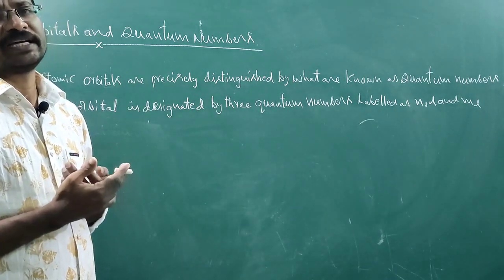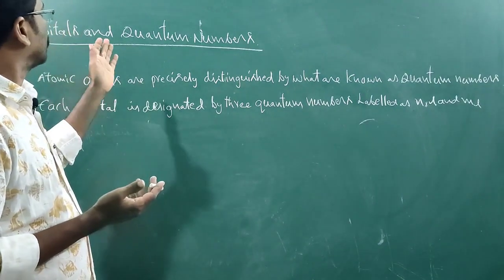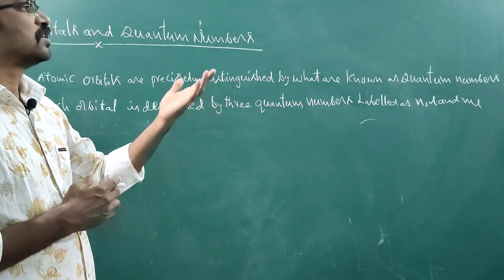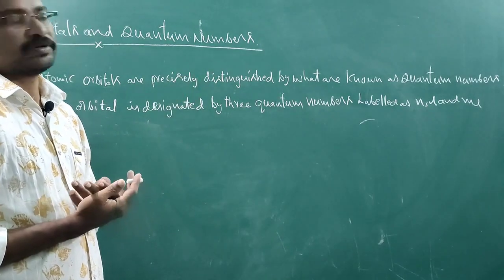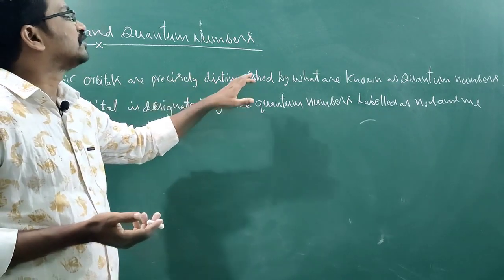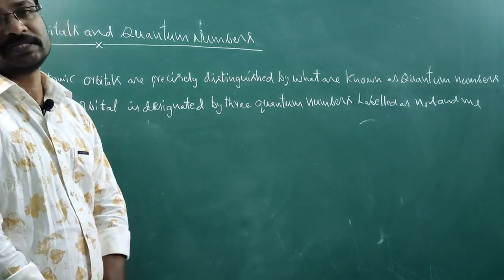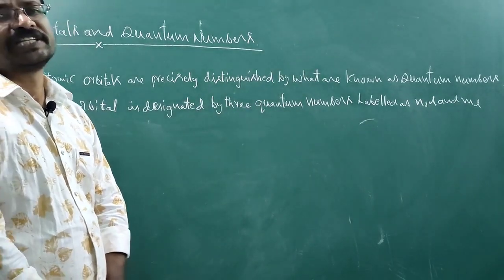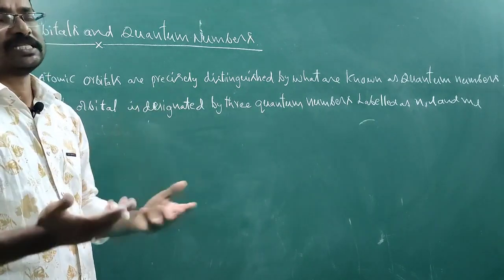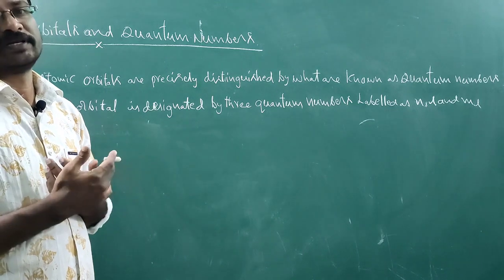Based on these factors, orbitals are distinguished by what are known as quantum numbers. Atomic orbitals are precisely distinguished with the help of quantum numbers, based on the size, shape, and orientation of orbitals.